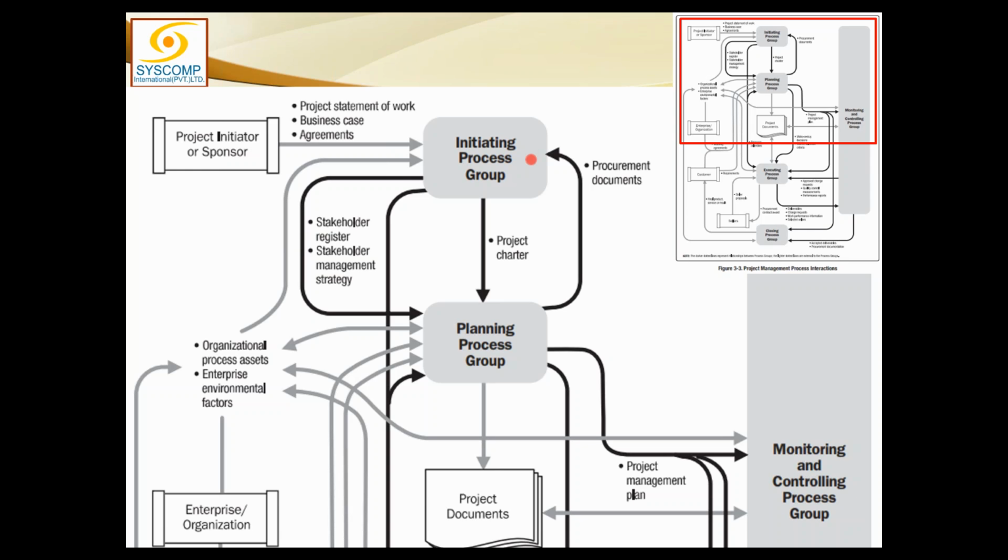Once this charter has been authorized, it is given to the project manager. Now, I have already told you that the project sponsor may have a project board sitting behind him. He may take this project charter to the project board and get its approval.